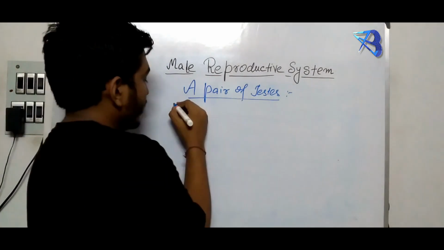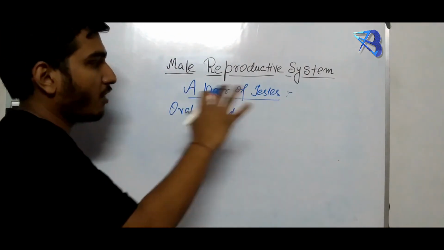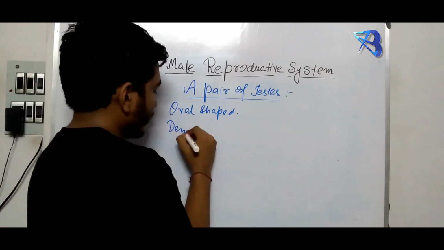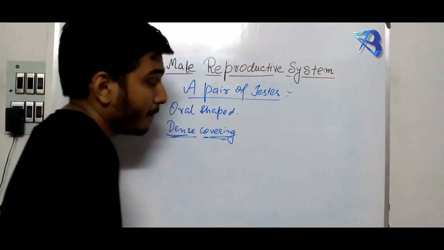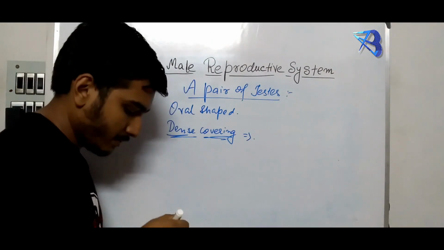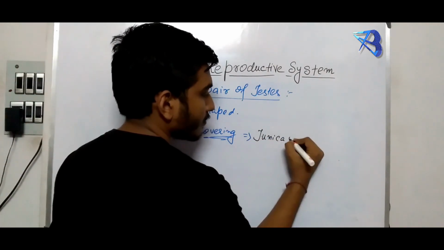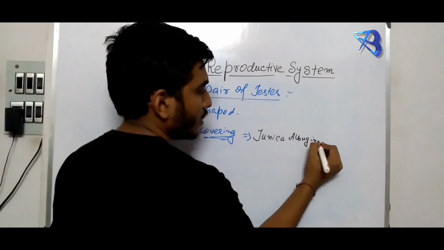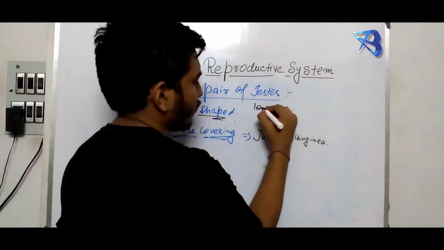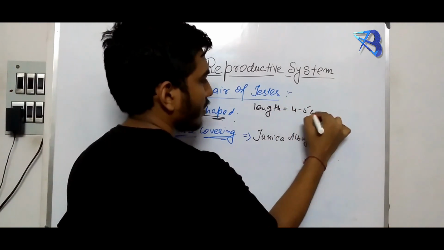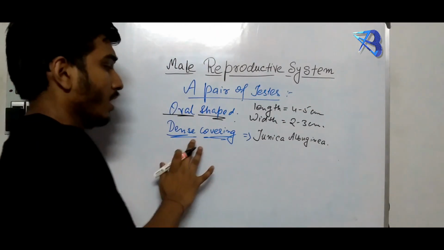The pair of testes is oval shaped, and it is covered by a dense covering, the tunica albuginea.